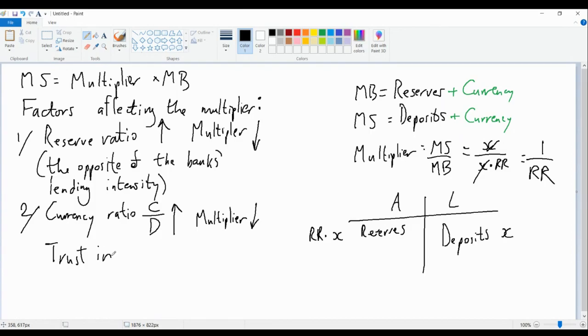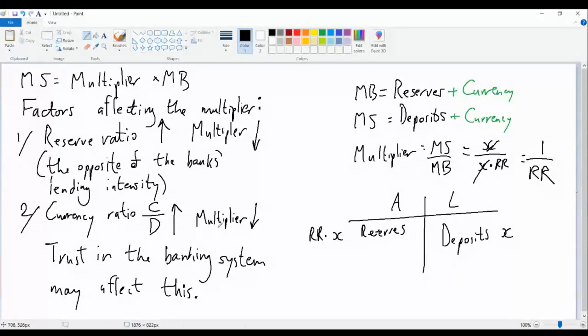In other words, our willingness to hold deposits depends on our trust in the banking system. And of course, as discussed, that can change, right? There could be a banking crisis or a financial crisis that leads us to no longer trust the banks as much as we did. If that happens, the currency ratio might go up because we're all closing our accounts. The deposits are getting smaller. And then the multiplier might change.